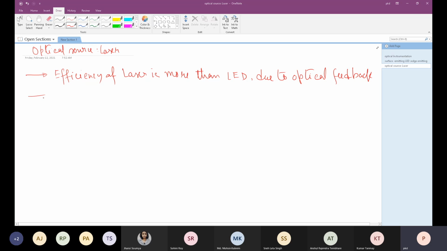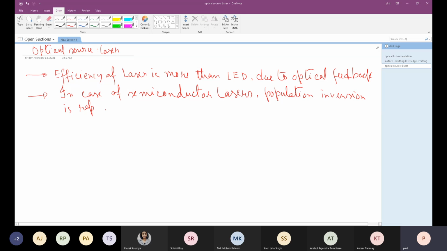So in case of semiconductor lasers, population inversion is replaced by effective inversion.